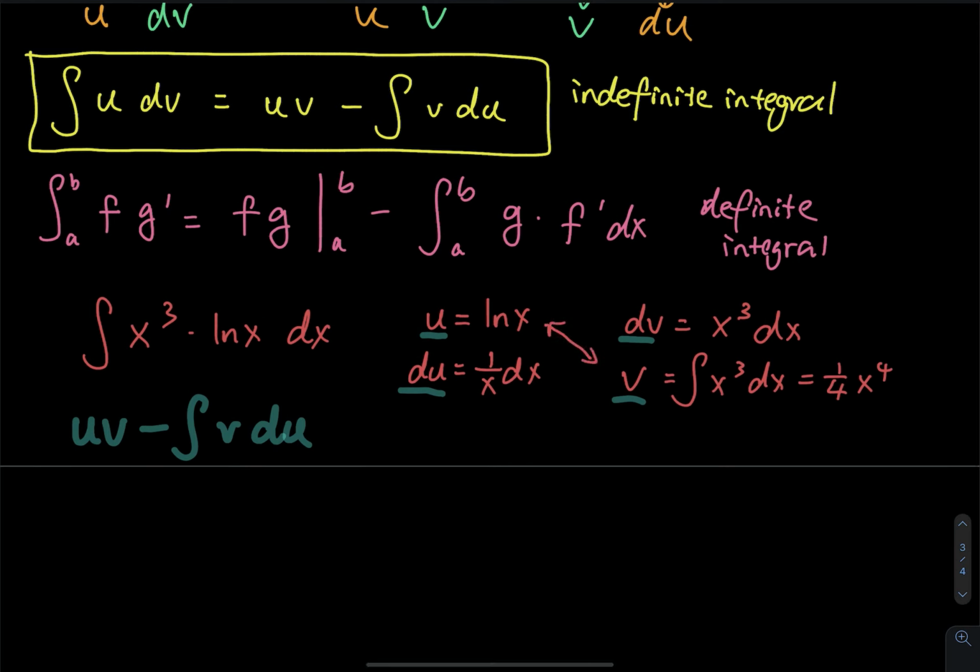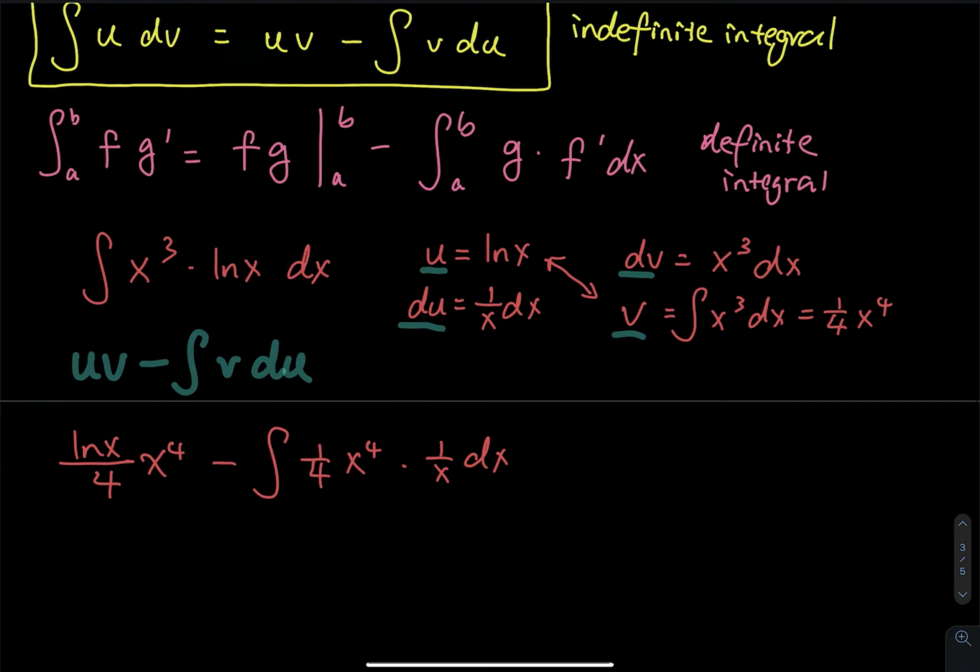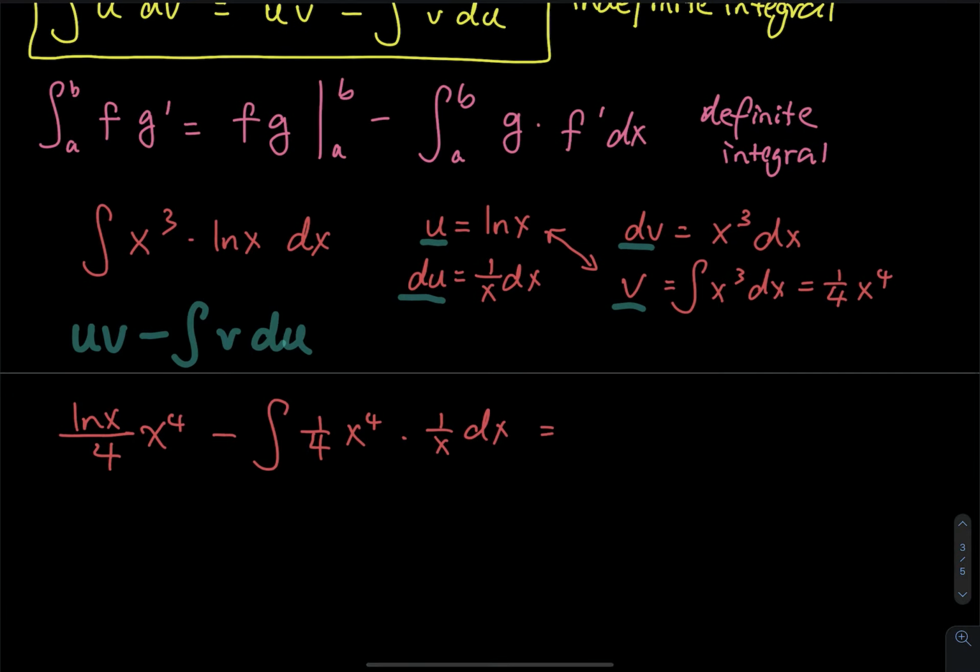So we have ln x times 1 over 4 x to the fourth, minus the integral of v, 1 over 4 x to the fourth, and then du equals 1 over x dx. We are putting these four pieces together. And then you can simplify this integrand. So you have ln x divided by 4 x to the fourth minus the integral of 1 over 4 x to the third dx.